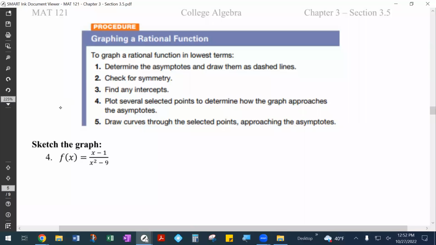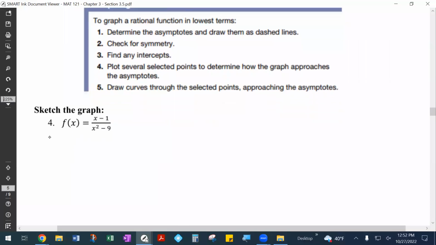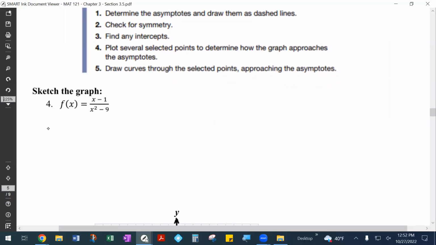We would talk about symmetry, find any x or y intercepts if there are. And then it always helps to have a few additional points when you're trying to graph some of these functions that we're not really sure what the shape would look like. And then, of course, you draw your points through those. So this is again the same example we did in number 1 and number 2.